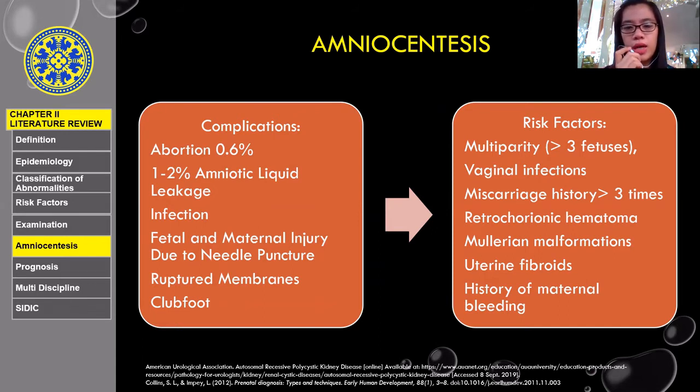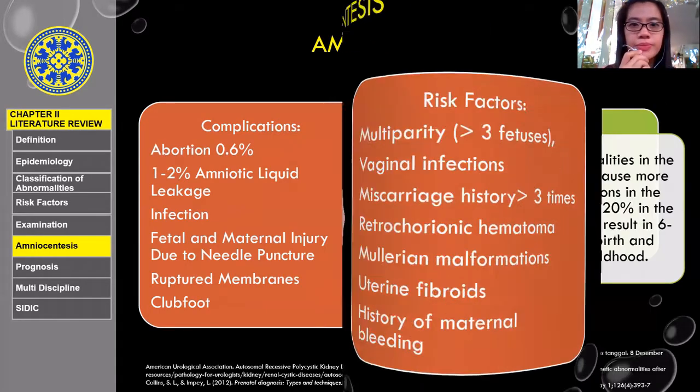The risk factors, the pregnant women who should be careful about undergoing this amniocentesis are those who are pregnant with multiparity, have vaginal infection, miscarriage history more than 3 times, retrochorionic hematoma, uterine malformation, uterine fibroids, and history of maternal bleeding.